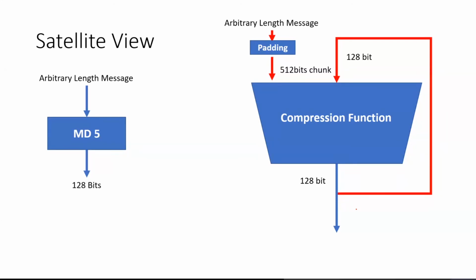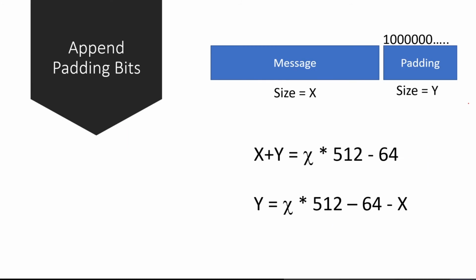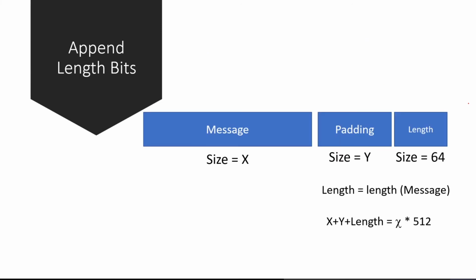The first thing we see is padding, and after padding we have to see what happens inside the compression function. So padding has two steps. The first step is append padding bits, and the second step is append length bits.